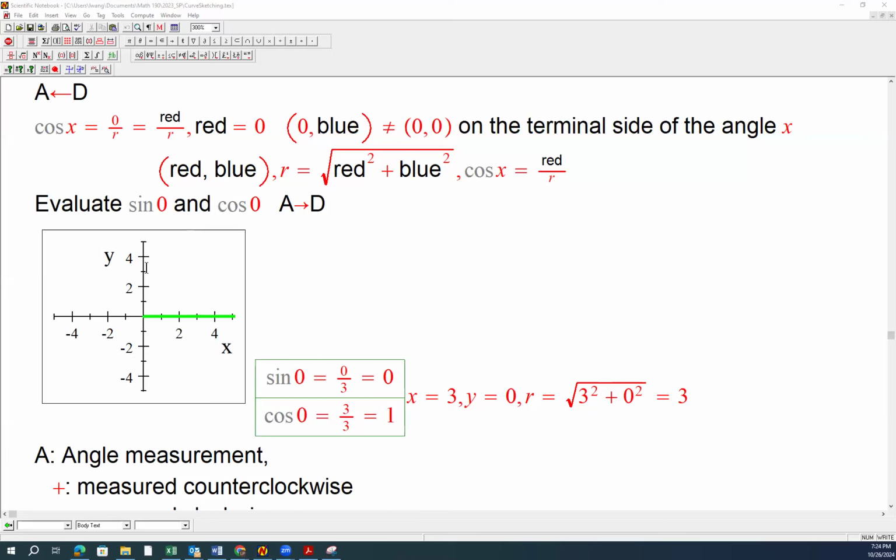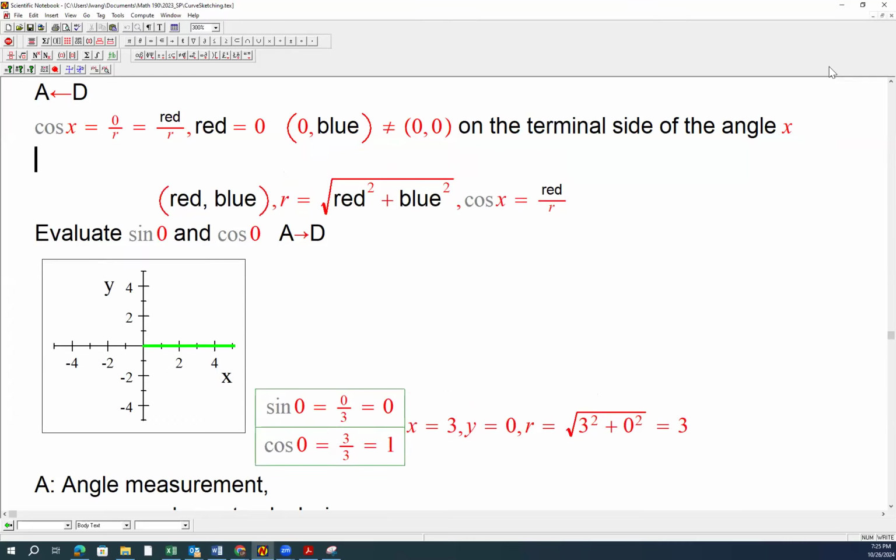Right? So we found the terminal sides that will give us cosine of all those angles that terminate either this way or that way will give us cosine of any of those angles equals 0. And what are those angles? Those angles would be pi over 2, right? If we measure from here, we get pi over 2, 3 pi over 2, or negative pi over 2.